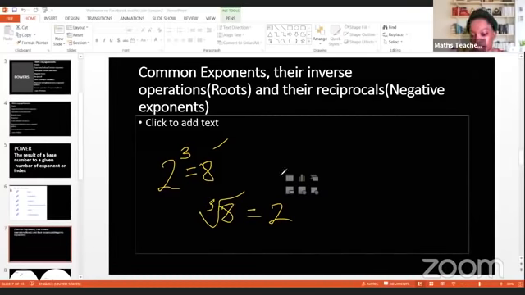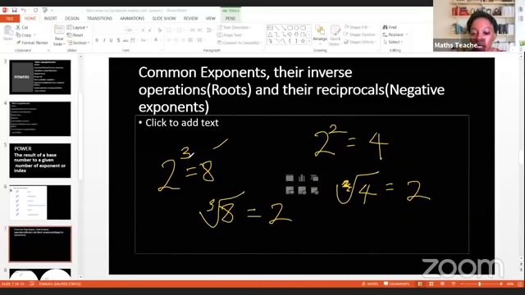So if I say what is 2 squared, we know 2 squared is 4 because it's 2 times 2. However, the inverse operation of this exponent and the base number is, if I was to do this, what's the square root of 4. Now, I don't need to put this 2 here, but whether I put it or not, if there's no number there, it shows it's just the square root and your answer will be 2.